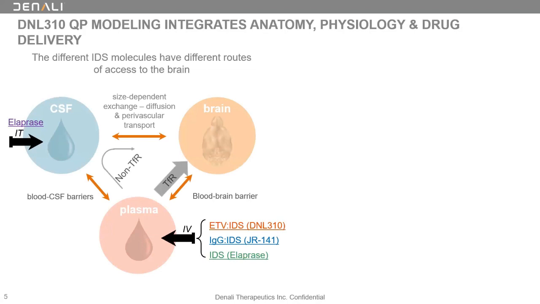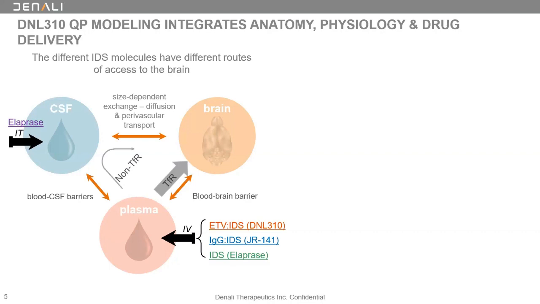And here is a very simple schematic of 3 compartments, if you may. The circulating compartment or the plasma compartment, where we have IV administration of the molecules that we have included in this analysis. We have the brain or the CNS compartment. What separates the plasma compartment and the brain compartment is a blood-brain barrier.